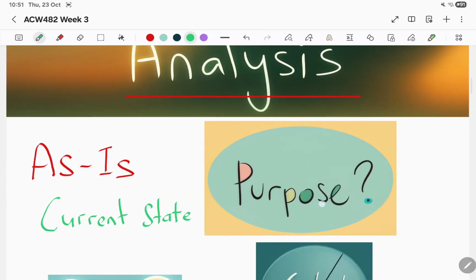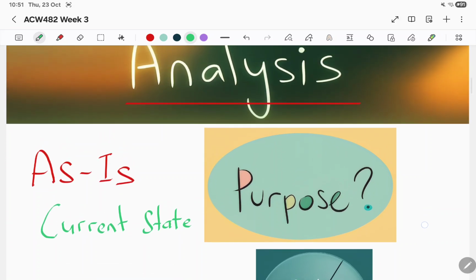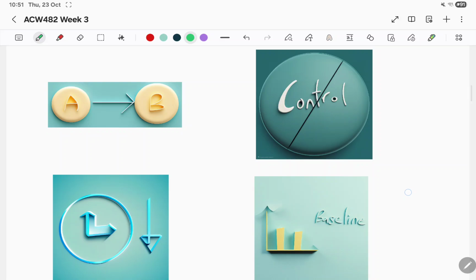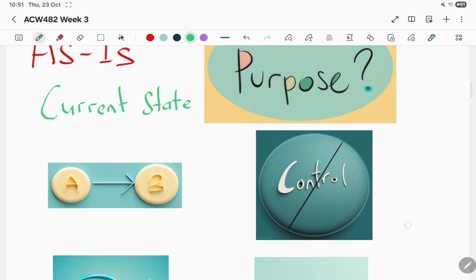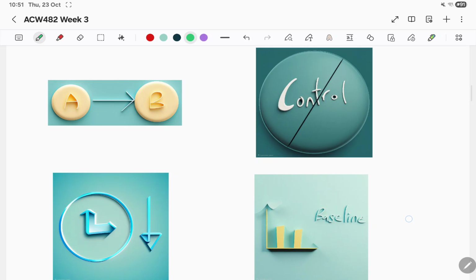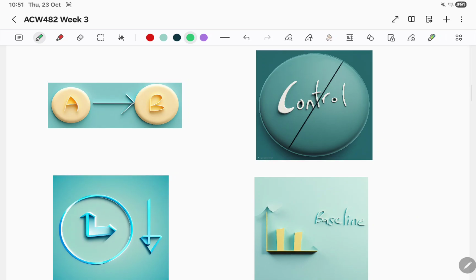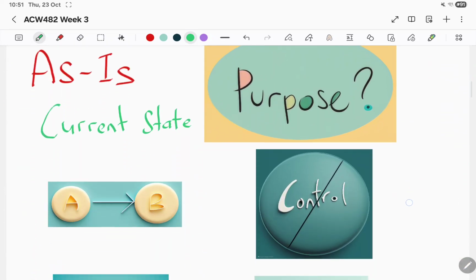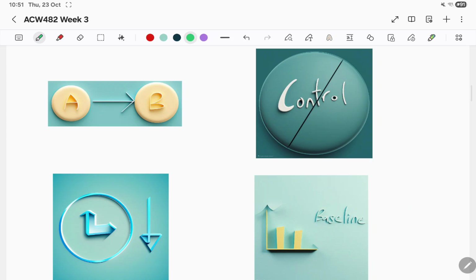We look into the purpose of knowing the current state. Why do we need to know the current state? It's obvious, right? If you want to develop something new, we need to know the current state. And to have a proper structured analysis, we should do it.